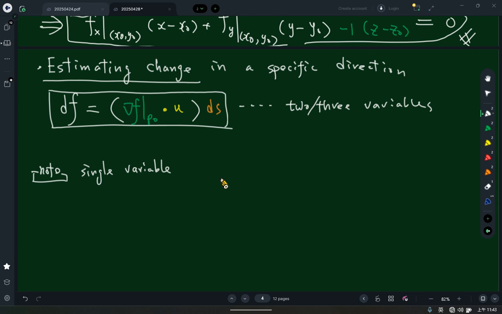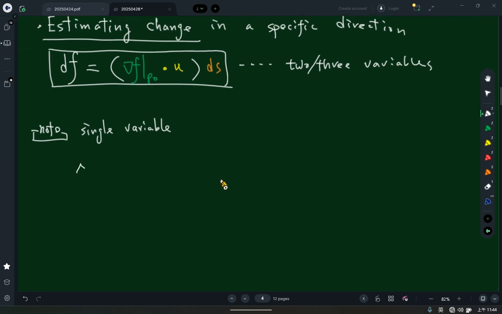Last semester, we know that if I give you y is equal to f of x, this is a single variable function, right? If I give you around a, we can just make a tangent.